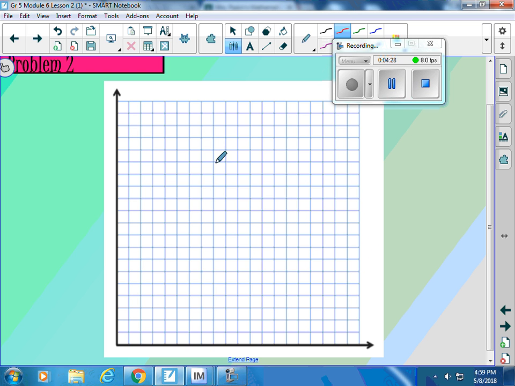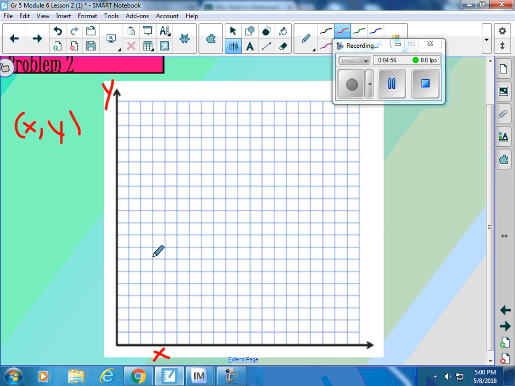I'm going to remember that in a coordinate pair, it's x, then y, and that's going to help me remember that I have to get in the elevator before I go up. That's going to help me label my lines. So this is the x-axis and this is the y-axis.